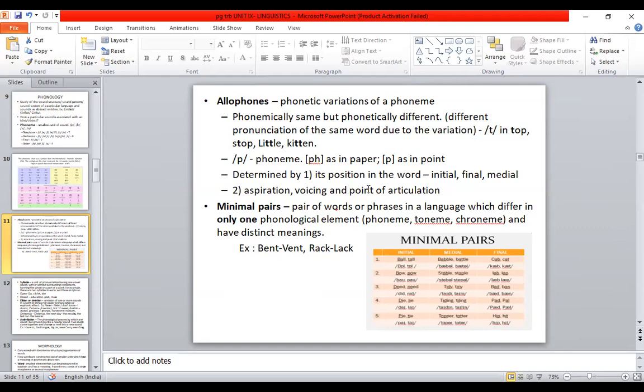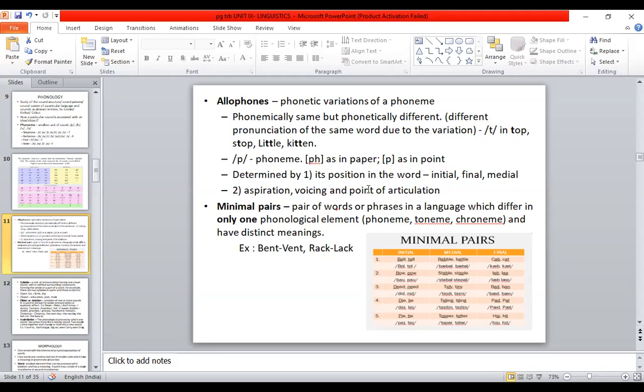Number two, it depends on the aspiration, voicing, and point of articulation. Whether it's bilabial, labial, alveolar, dental or whatever. So it depends on which part of the mouth and what organs are involved in pronouncing that particular sound.